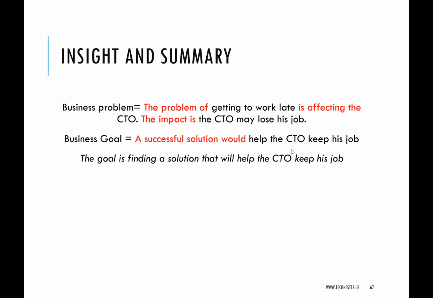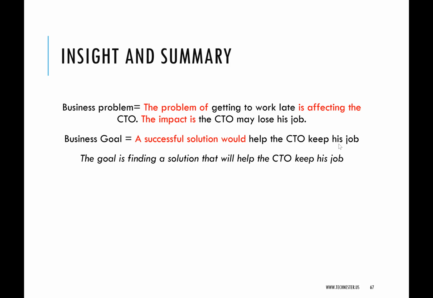So we have an idea now of what a successful solution will be like. We don't know the successful solution yet. We have not specified it, we have not defined it, but at least we have an idea. So now you have a problem statement or a business need, combining the real business problem and the goal that we will pursue.